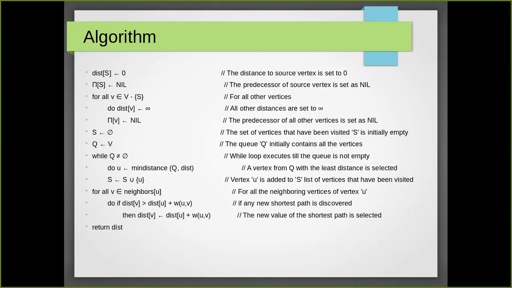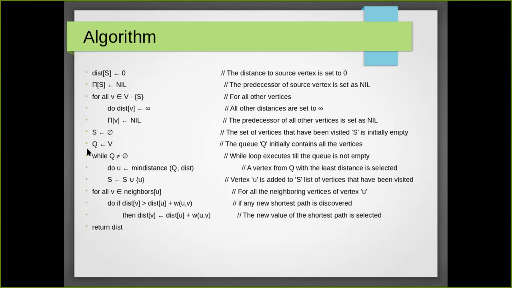Except for the source, for all the nodes V, where V can be 1 to n minus 1, I am initializing the distance from source to V as infinity, and the predecessor list we are initializing as nil. Initially nothing is added to the node set, so I'm keeping S equal to the null set.